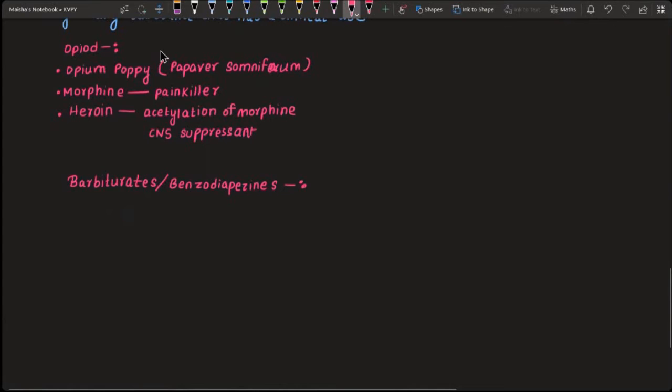Benzodiazepines. Complicated names, but these basically stand for sleeping pills. These are nothing but sleeping pills. They provide us a sense of sleepiness.